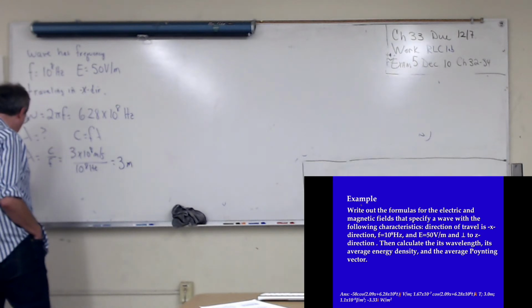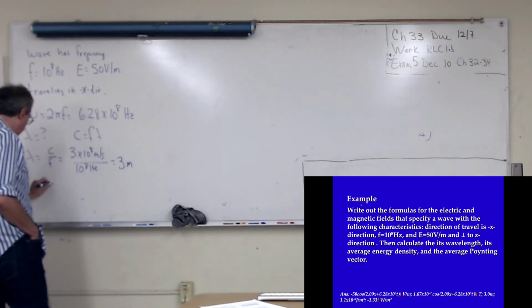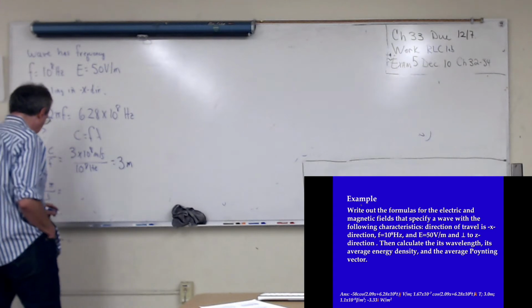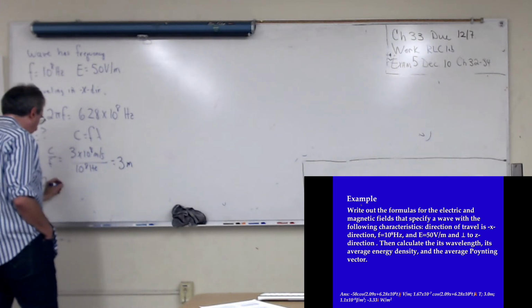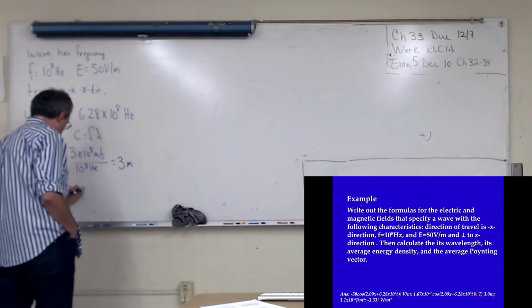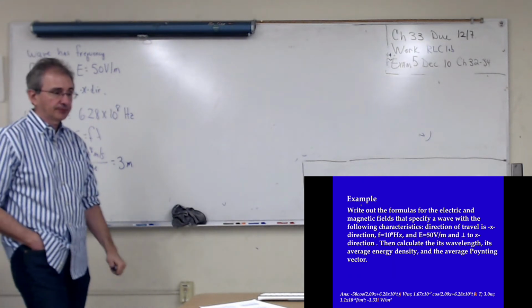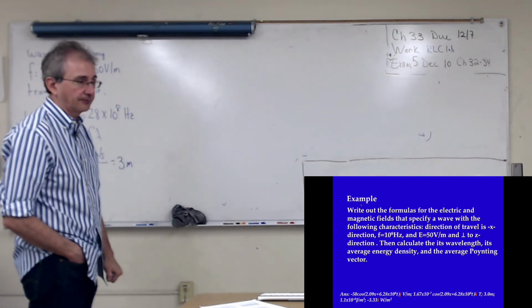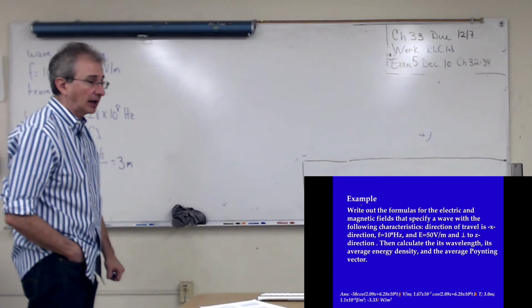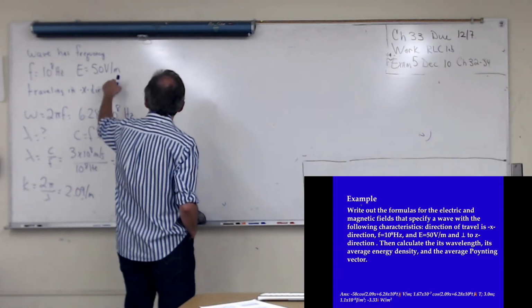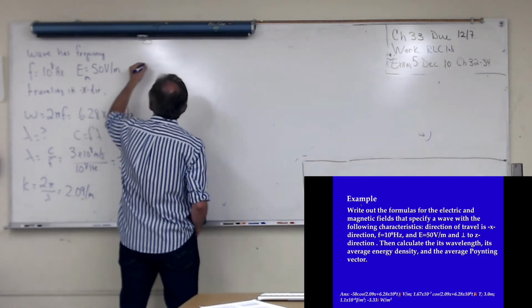K is 2 pi over lambda, which is going to be 6.28 over 3, which is 2.09 per meter. Now, if E max is this, what's B max?